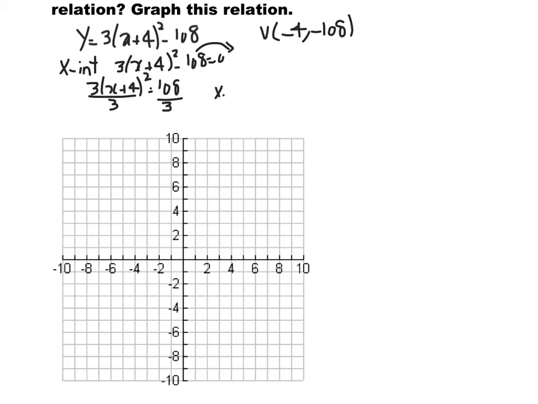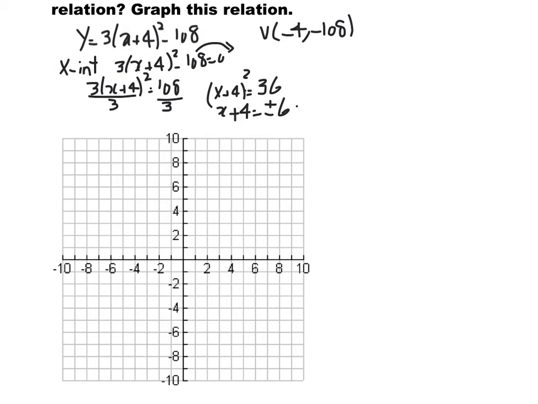I get x plus 4 squared is equal to 36. I take the square root of both sides. I get x plus 4 is equal to, now 36 square root is not 6, it's plus or minus 6. Because 6 squared is 36, -6 squared is also 36.